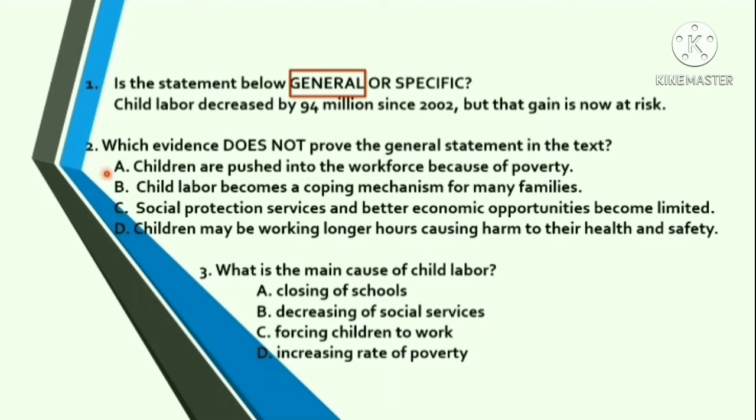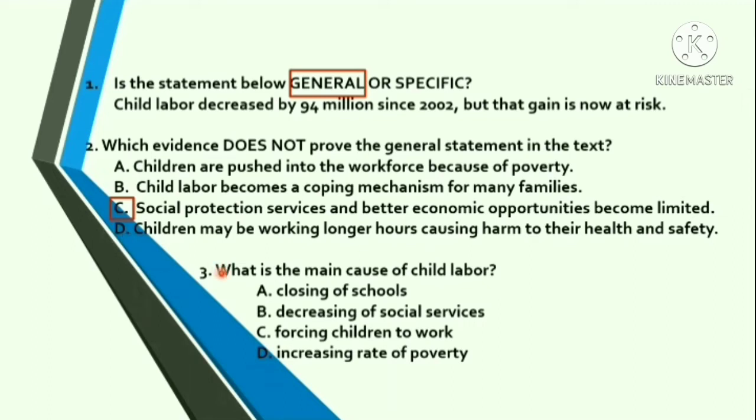Is it A, children are pushed into the workforce because of poverty? B, child labor becomes a coping mechanism for many families? C, social protection services and better economic opportunities become limited? Or D, children may be working longer hours, causing harm to their health and safety? What is your answer? The answer is letter C.